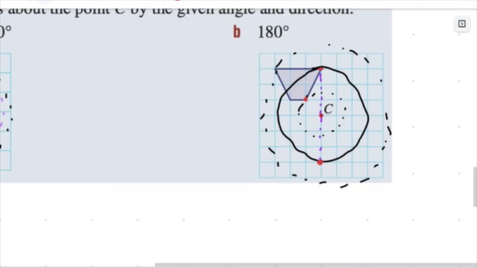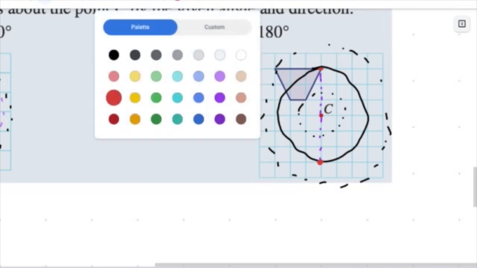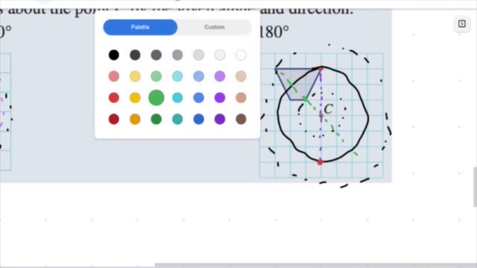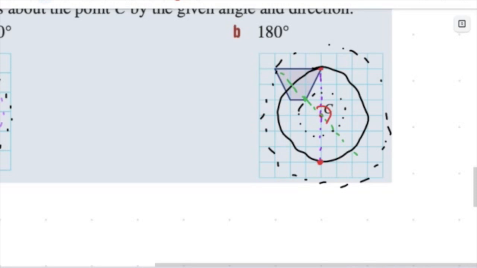And the same thing happens for this point here, which I'll do in another color, so I can color coordinate this. This green dot, if I draw a straight line going through, the 180 degrees is going to be this angle here, the angle on a straight line.